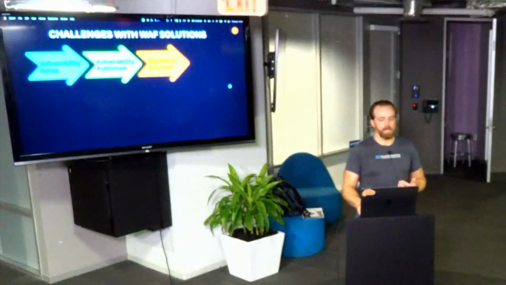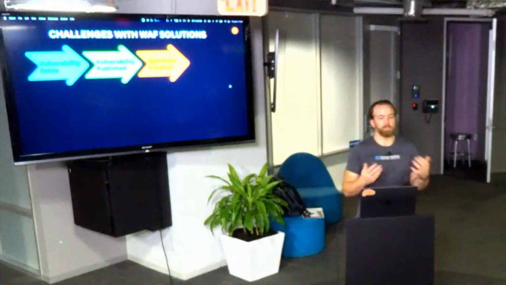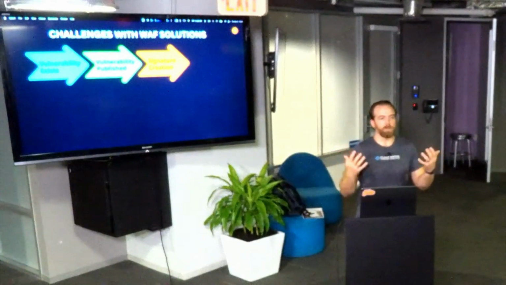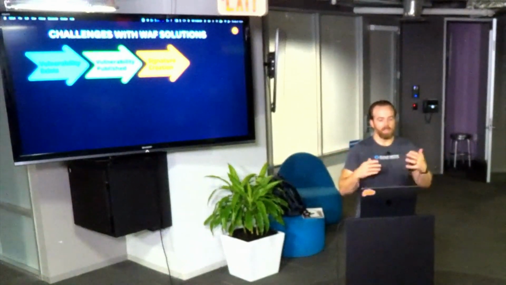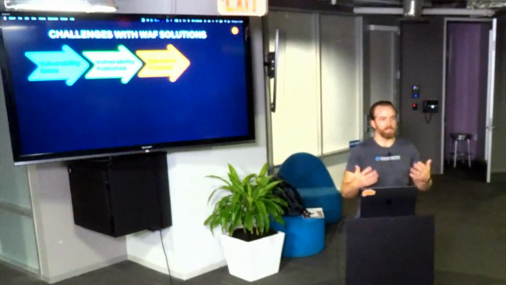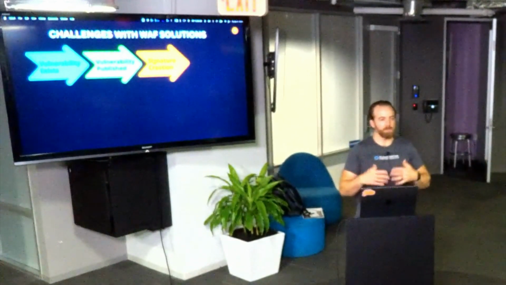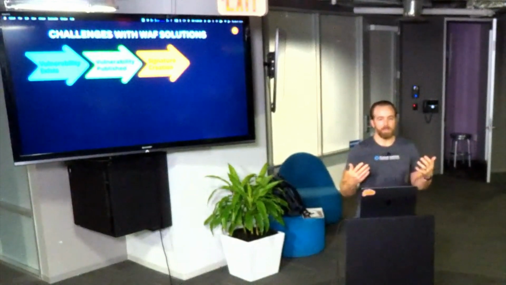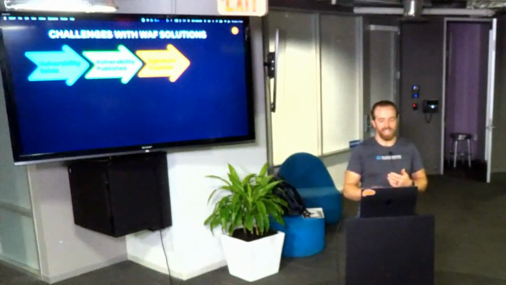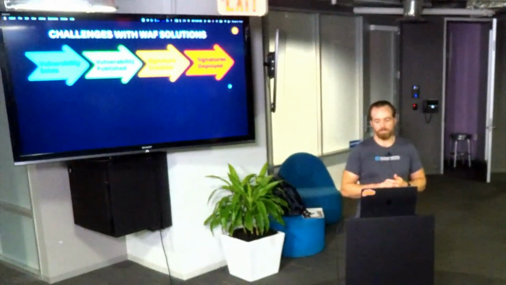The vulnerability exists, hasn't been made public yet, and you remain vulnerable for however long until the vulnerability is published, usually in CVE or a common vulnerability database, and then you can make your way towards creating that signature and adding it to your firewall.